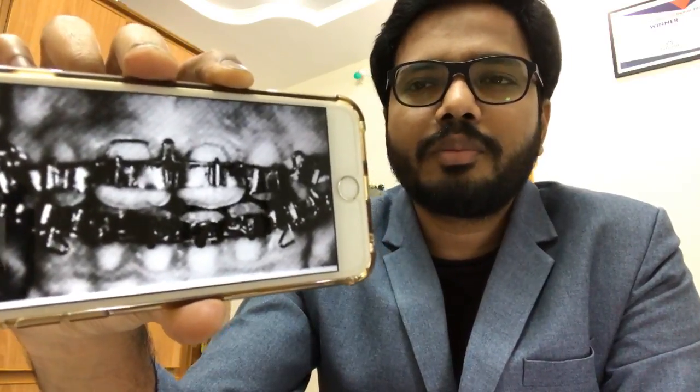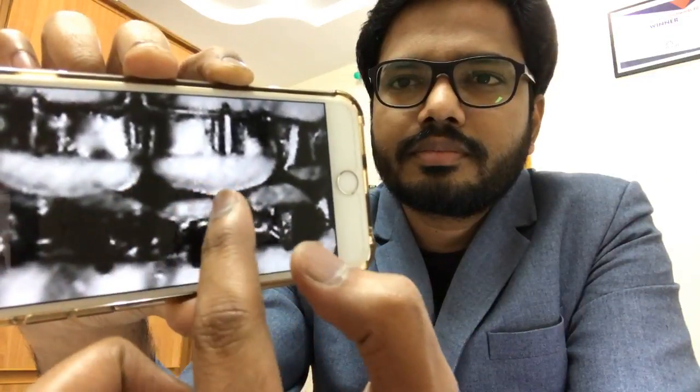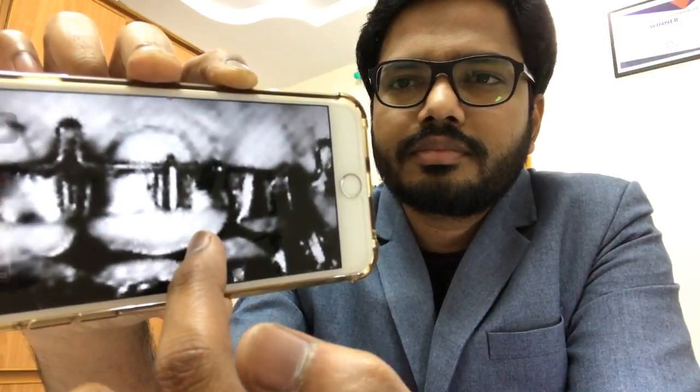So what could be the appropriate option? E-arch, designed again by Angle, or is it pin and tube appliance, or edgewise appliance, or Beggs appliance? Let me just zoom in. So again we have slots or brackets which are oriented vertically.